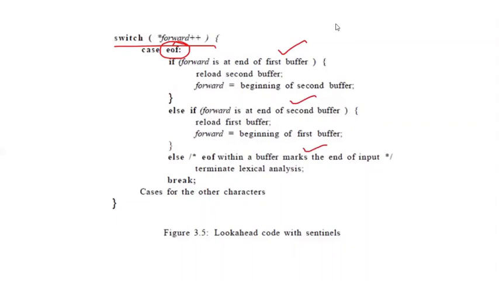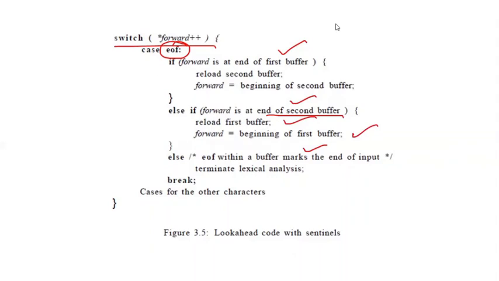So if forward is at the end of the first buffer, then we reload the second buffer, and forward will move to the beginning of the second buffer. Otherwise, if it is not at the end of the first buffer and you get an EOF, then forward is at the end of the second buffer. Then we reload the first buffer, and we take forward to the beginning of the first buffer.